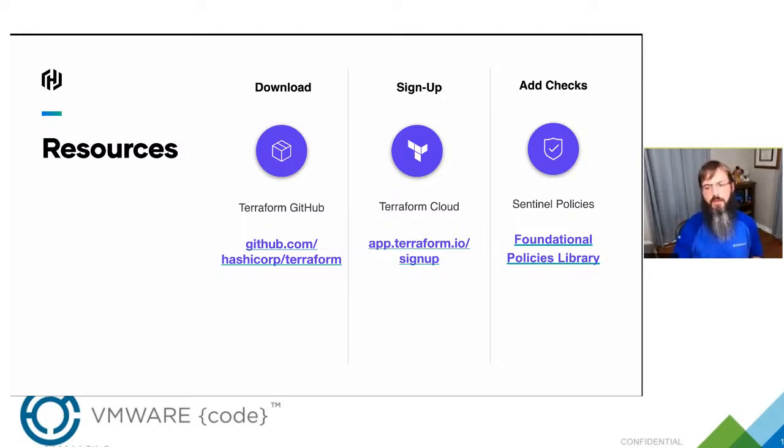And then getting started with Sentinel and policy as code, especially through the foundational policies library. There are a lot of other Sentinel resources out there that you can make use of as well. So instead of having to start from scratch, use the community, use other folks out there in the ecosystem to learn and grasp some of that knowledge that's already been laid out.